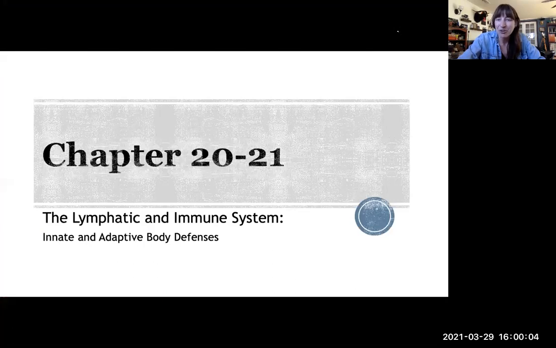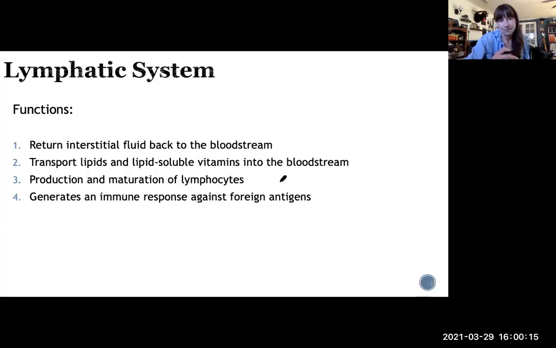anyway, chapter 20, the second to last besides 21, is going to end up on your second exam next week. The lymphatic system has the function of housing your immune system and producing a lot of your immune cells. So it's where your lymphocytes, which you might suspect are cells of the lymphatic system, right?